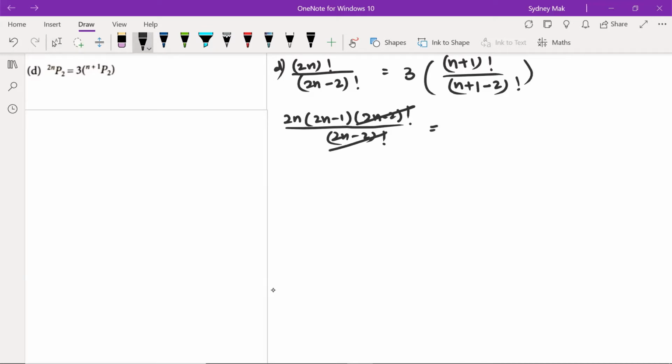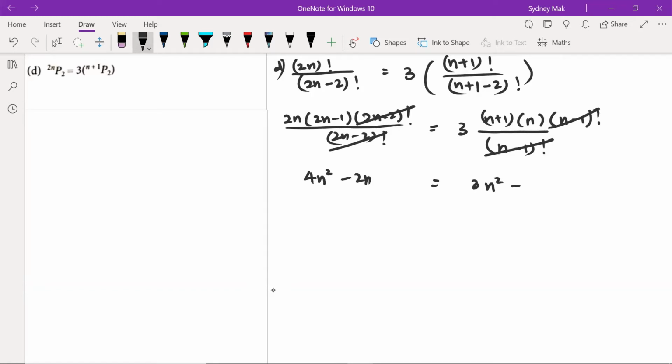Okay, not forgetting the right side. On the right side, we will have 3, and then we have n minus 1 factorial. So n plus 1, let's expand this part, n minus 1 factorial. So simplify this. On the left, we have 4n squared minus 2n, and on the right, we have 3n squared plus 3n.